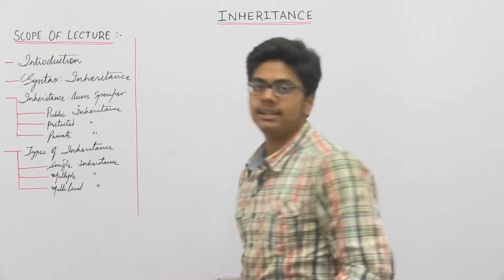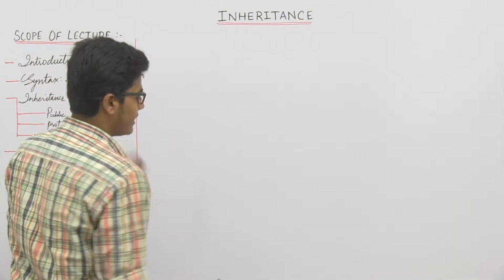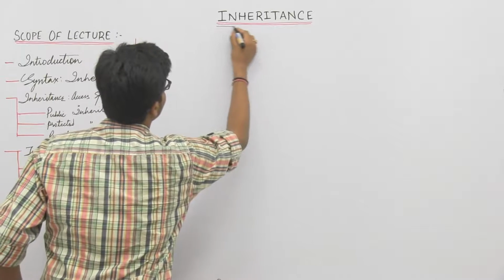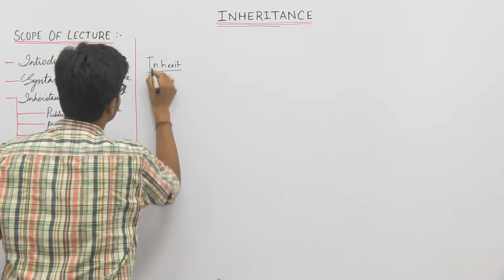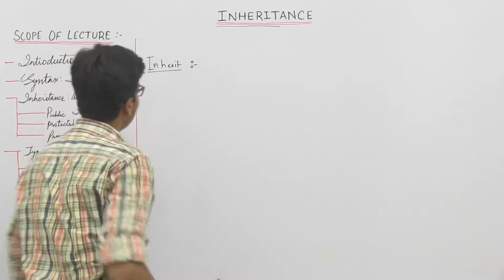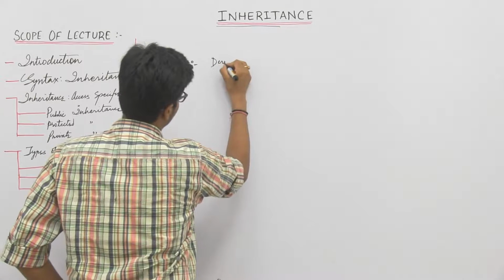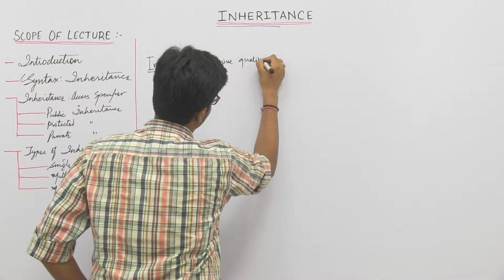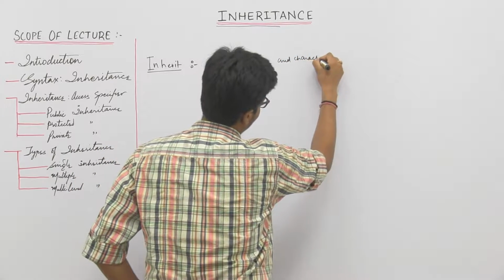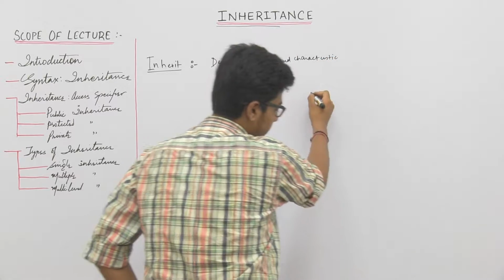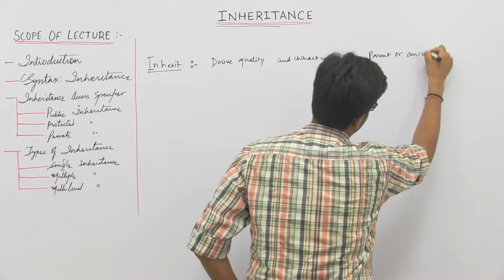So what is actually inheritance? You already know what inheritance is; let's take an example of the word inherit. The meaning of inherit is to derive quality and characteristics from parents or ancestors.